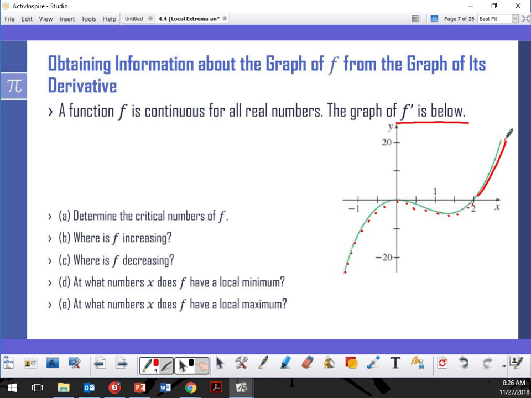All right, so, determine the critical numbers of f. Critical numbers are where my slope is equal to 0. So the slope is equal to 0 there, and equal to 0 there, right? So 0 and 2. Yeah. So I have critical numbers there.